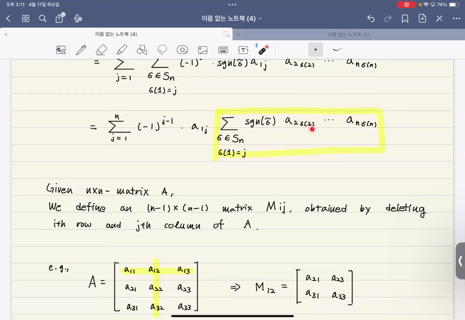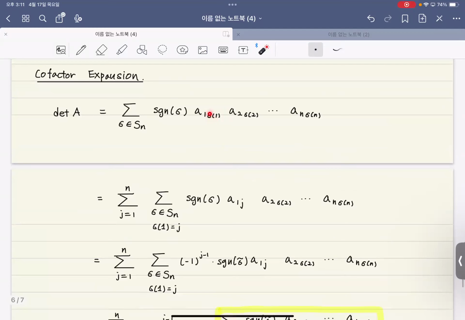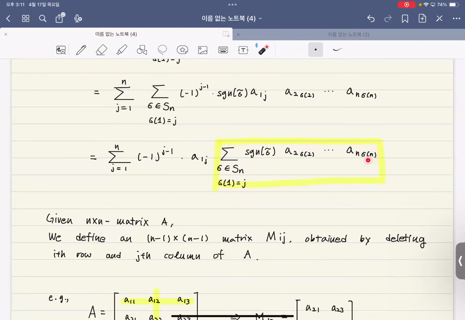And the second index, the column index, can never be j. Since we are talking about a permutation, if sigma of 1 was j, then there can be no j's for these indices, because sigma is a permutation. So I believe this is precisely the determinant of M1j.